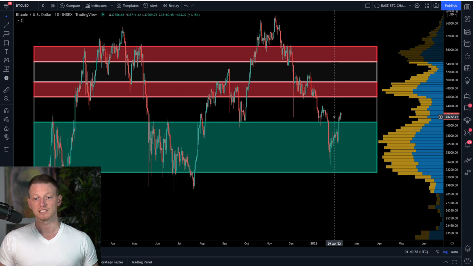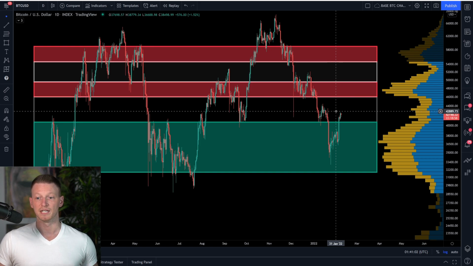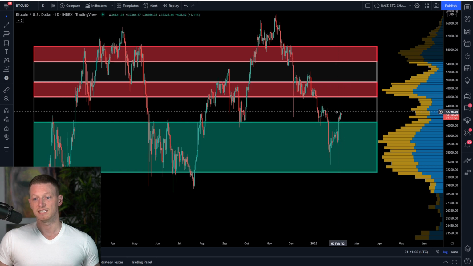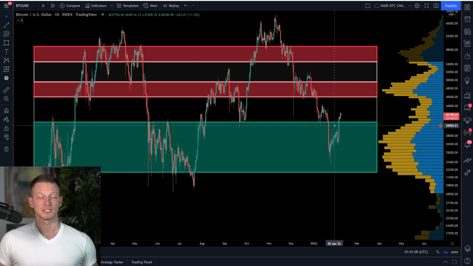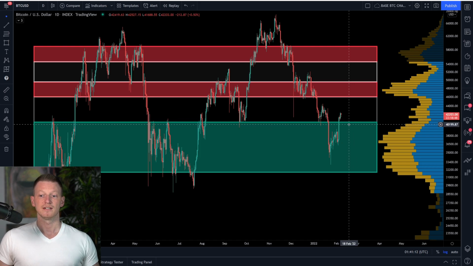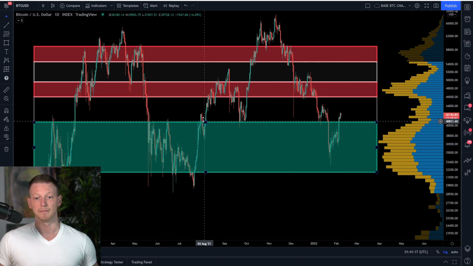It doesn't mean they all do this, because it all comes down to the degree of discipline, but we often see that if the trend doesn't continue in their favor, especially for those using leverage, they get liquidated if we come back down, and then we trend back down for some time until we head back up. So that's the first thing, my expectation that we may see a retest of around this $40,000 level.